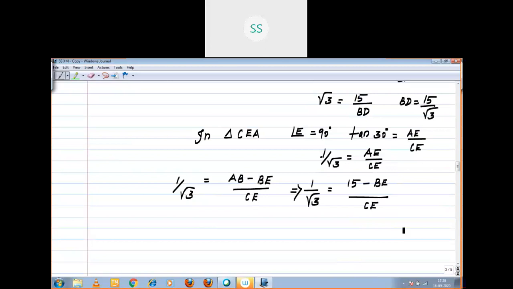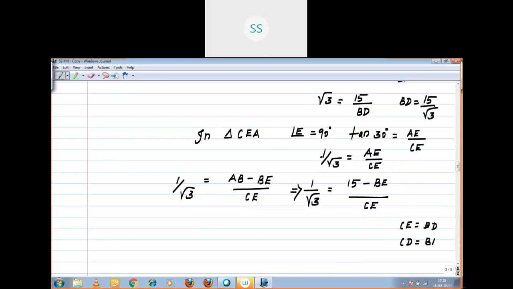Now, AB, you know it is 15, which implies 1 by root 3 equal to 15 minus BE divided by CE. One thing you have to see in the diagram: the basement represents a rectangle, so opposite sides are equal.